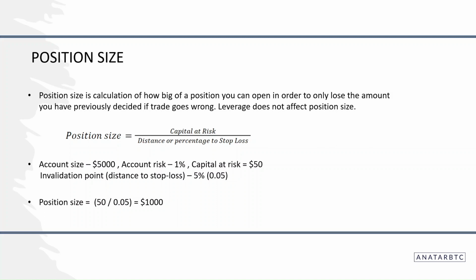So you have to manage your leverage and margin in such a way that your position size remains $1,000. In this way, you will only lose $50 if your trading idea is invalidated. So this is how you have to calculate your position size every time.